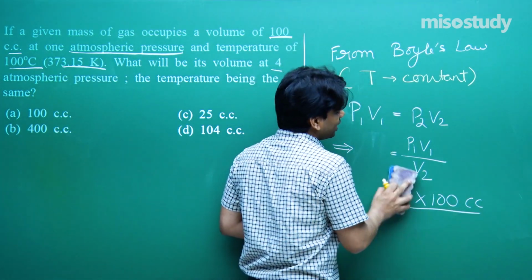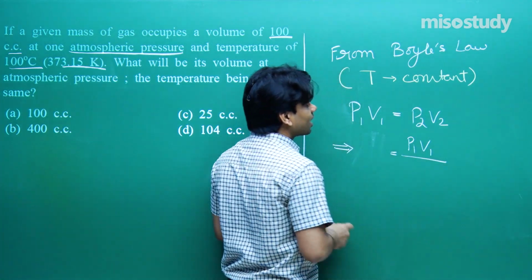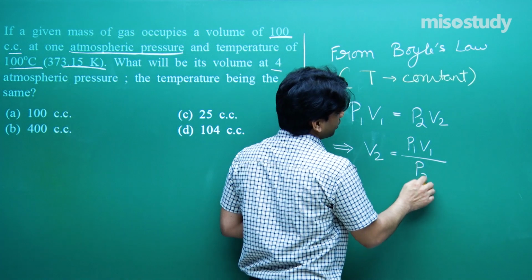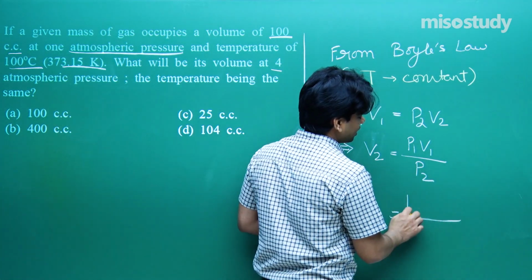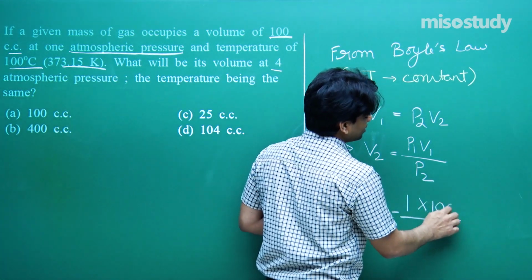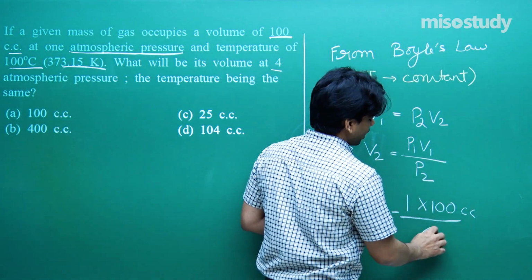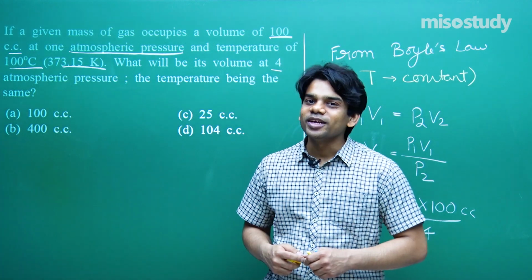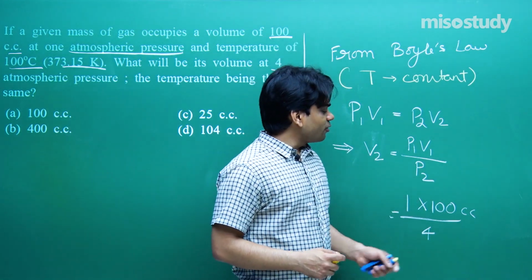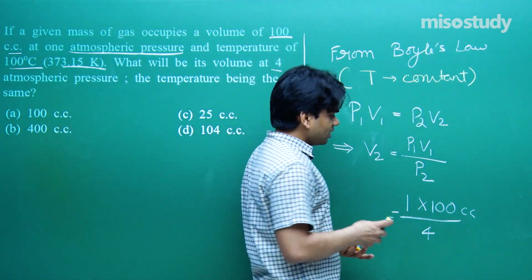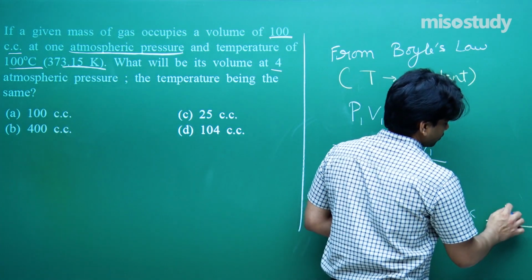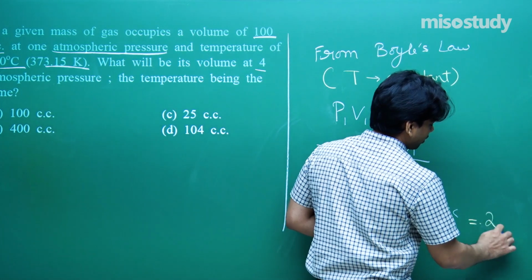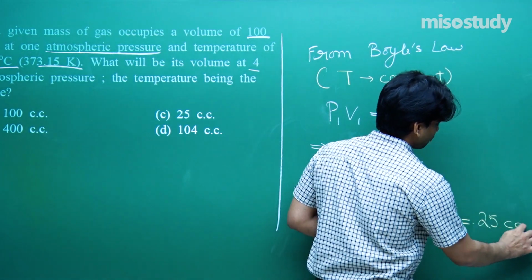What you do, just rearrange and write V2 equals P1 V1 divided by P2. So initial pressure 1 atmosphere multiplied by 100 cc divided by 4 atmospheric pressure. The atm unit will be cancelled out. So quite obvious, 100 by 4 gives you 25 cc. So 25 cc will be the answer for this one.